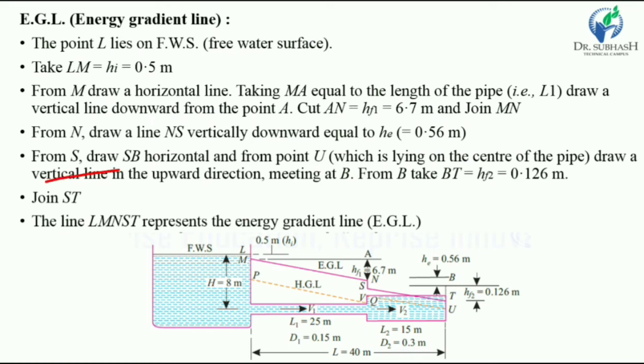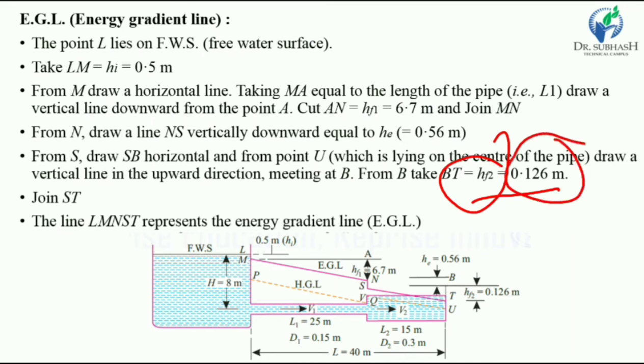Now draw the SB line horizontal, as shown in the figure, from the S point, equal to the length of pipe L2. Now draw the line from B in the downward direction, equal to the head loss due to friction HF2 for section 2.